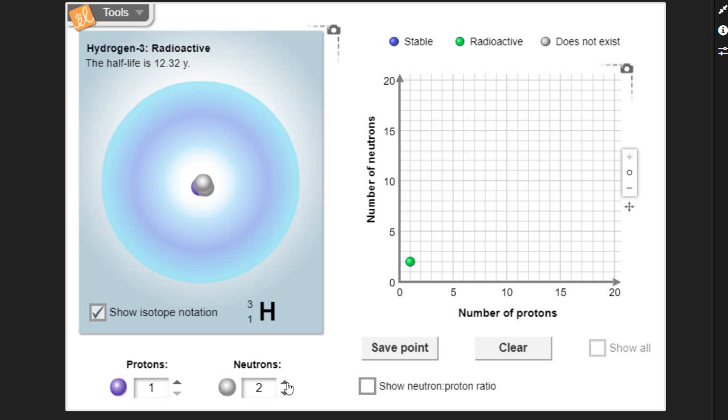When it gets too much or too little, it tries to stabilize itself. If there's too much, it gets rid of them. So being radioactive is what it's trying to do. Being radioactive means I have an unstable nucleus and I'm trying to become stable.